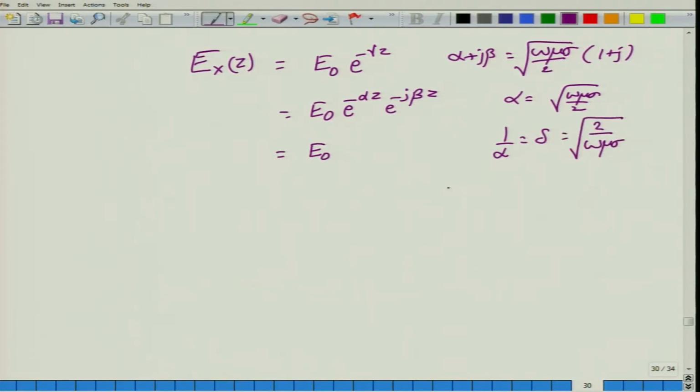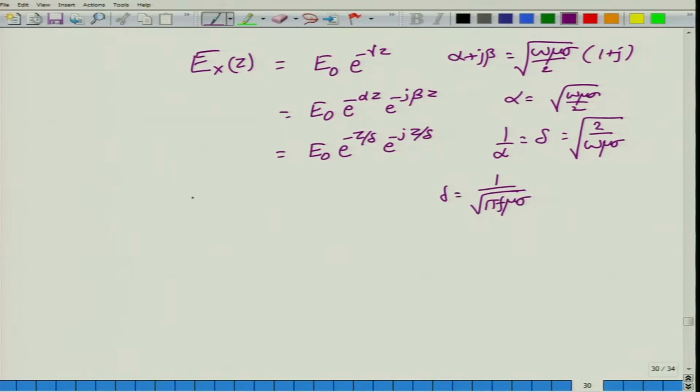Writing omega as 2 pi f, this is the square root of 1 by pi f mu sigma. So, if I define 1 by alpha as delta, then I can rewrite the electric field as E0 e power minus z by delta e power minus jz by delta.